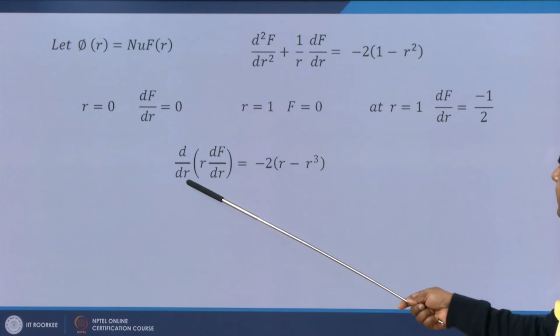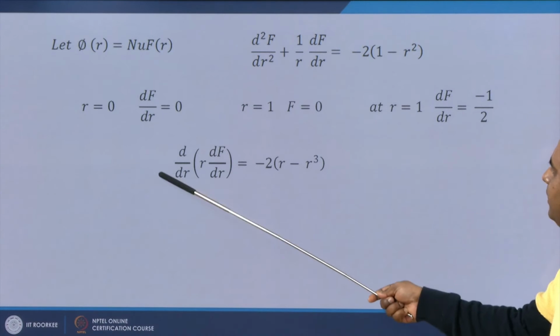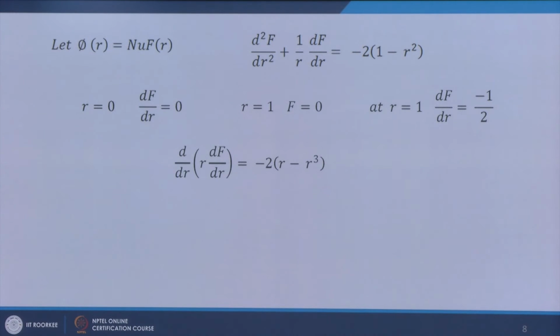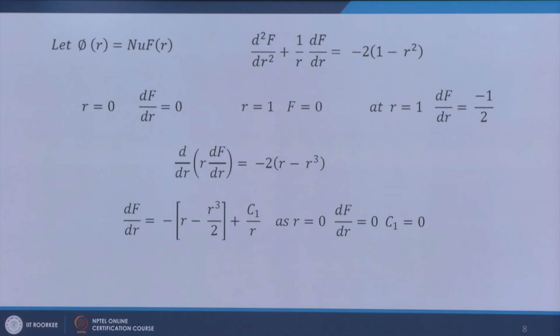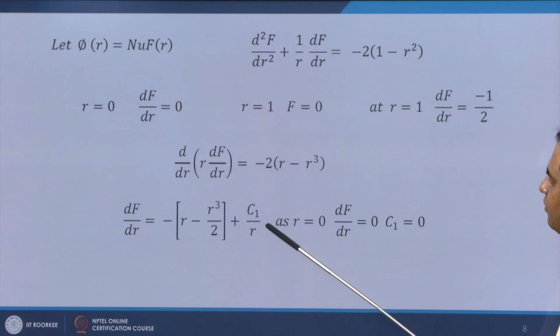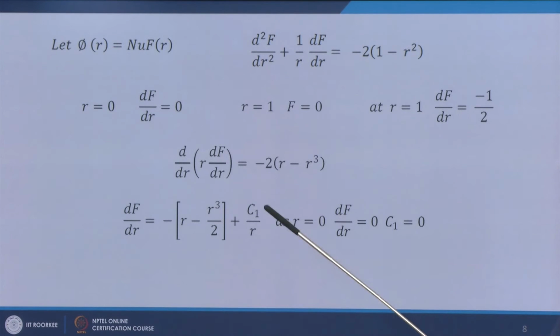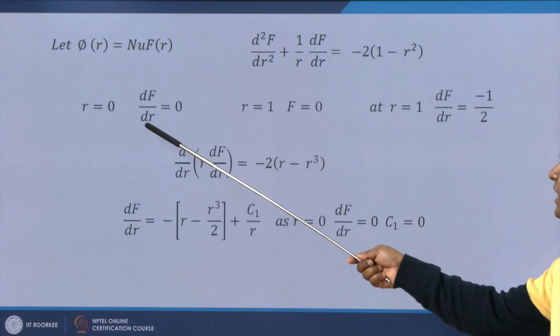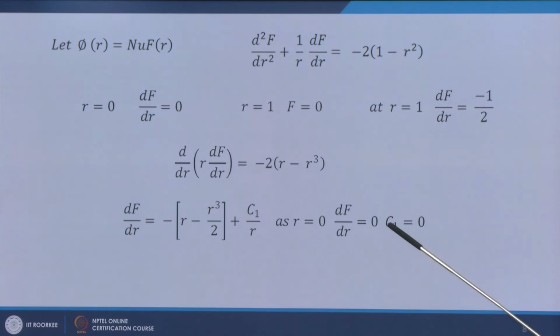Then let us go for the integration now. After integration, one step will involve one constant C1, which can be found from the boundary condition: at r equals 0, df/dr equals 0. So from there we find C1 is also equal to 0.